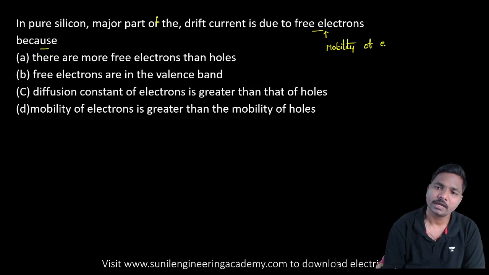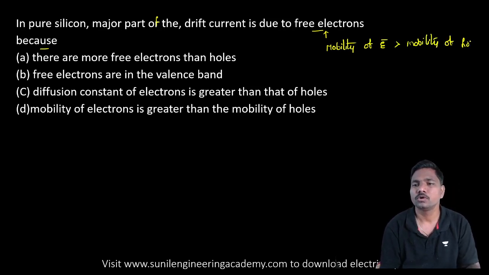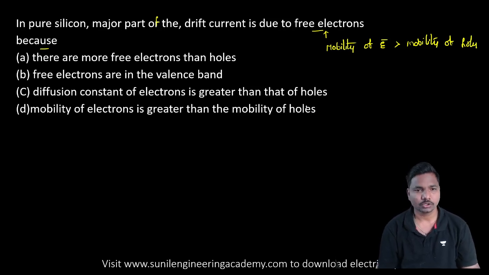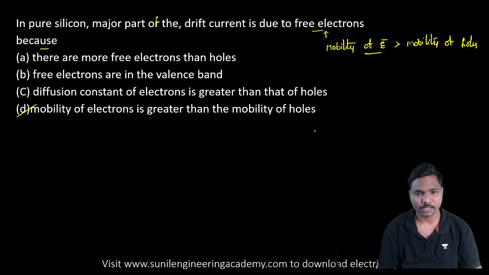Mobility of electrons is greater than mobility of holes. That is why the major part of the current flows due to electrons.